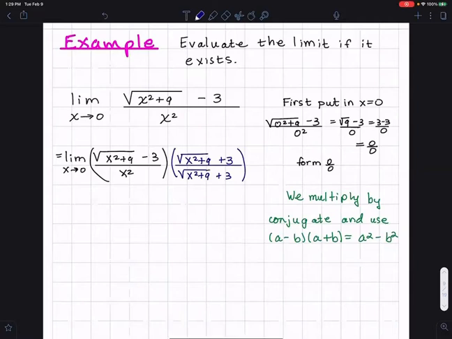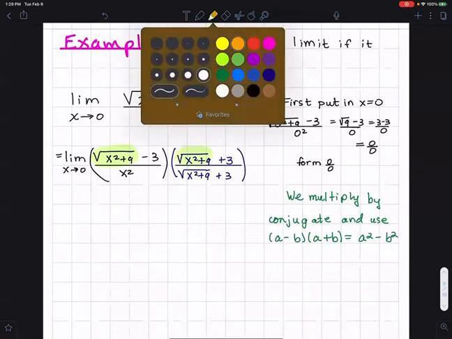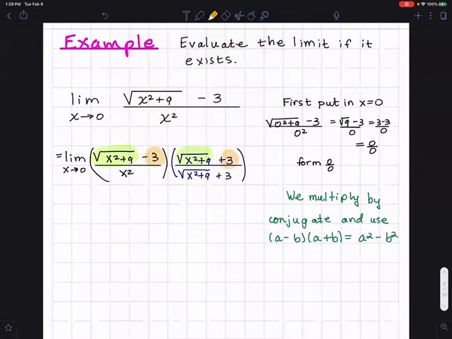Okay, anyway. So look, I'm using a minus b times a plus b is a squared minus b squared. So what is the a part? Well, the a is this radical x squared plus 9, and the b is this 3. So when I multiply, I'm going to get the limit as x approaches 0 of radical x squared plus 9, squared, minus 3 squared.